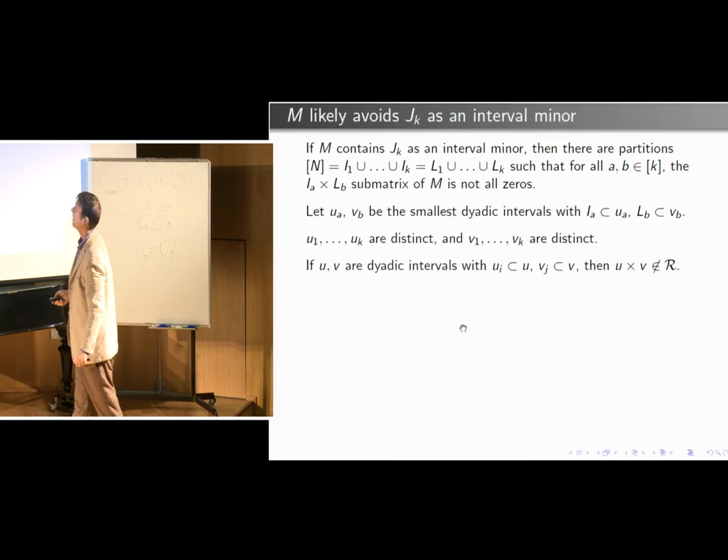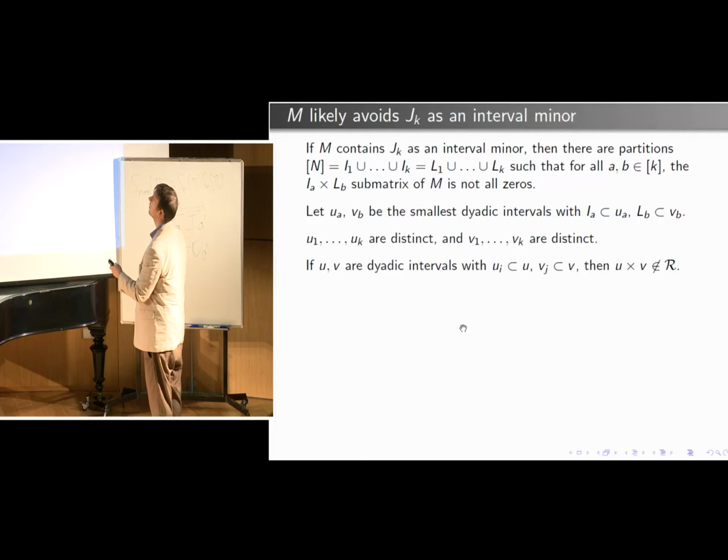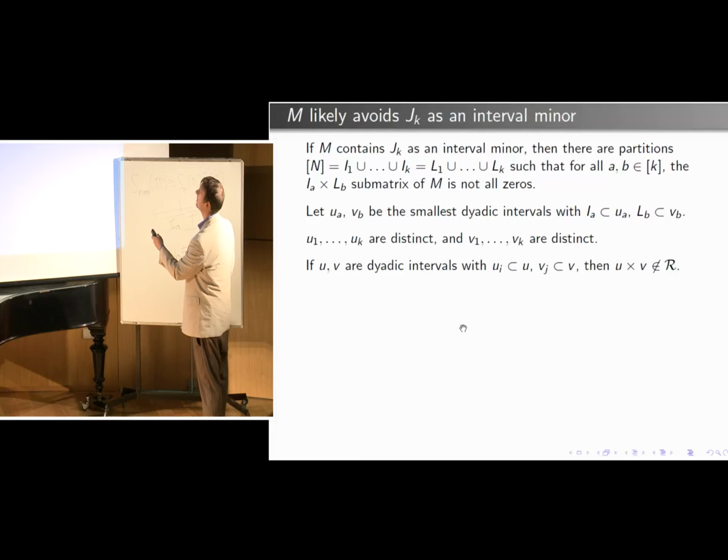Okay. Now, if U and V are dyadic intervals, with U_i contained in U and V_j contained in V, then that dyadic rectangle, U times V, can't be in R. Why can't it be in R? Well, suppose it was in R. Then the matrix M restricted to U times V is going to be all zeros.